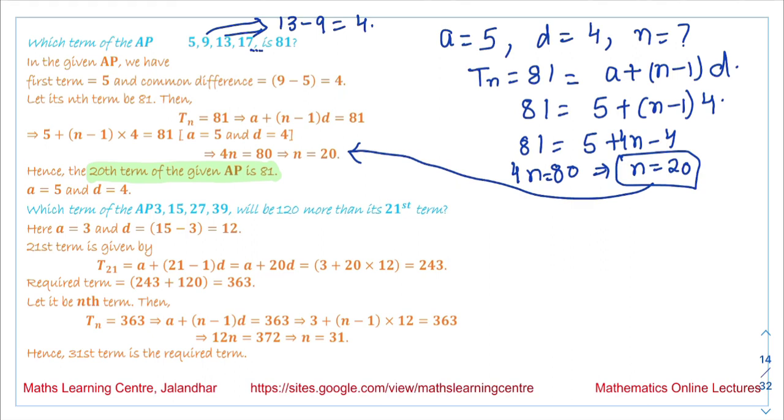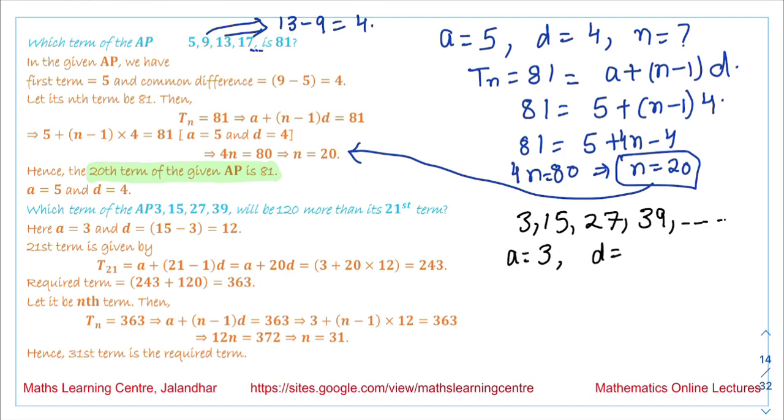Next is, which term of the AP is given. The values are 3, 15, 27, 39 and so on. Which term of this AP will be 120 more than the 21st term? So the value of a we have is 3.